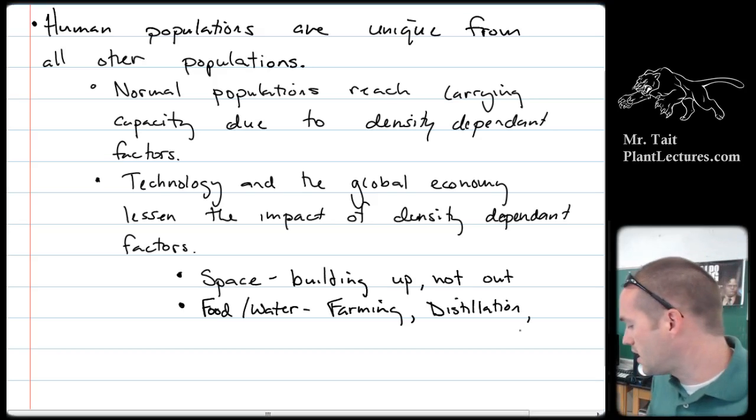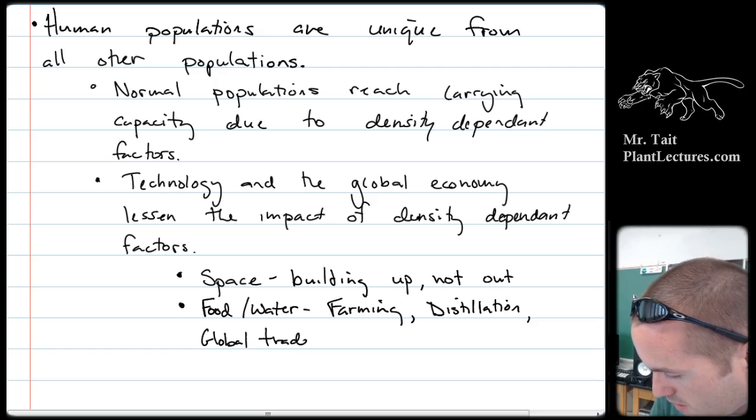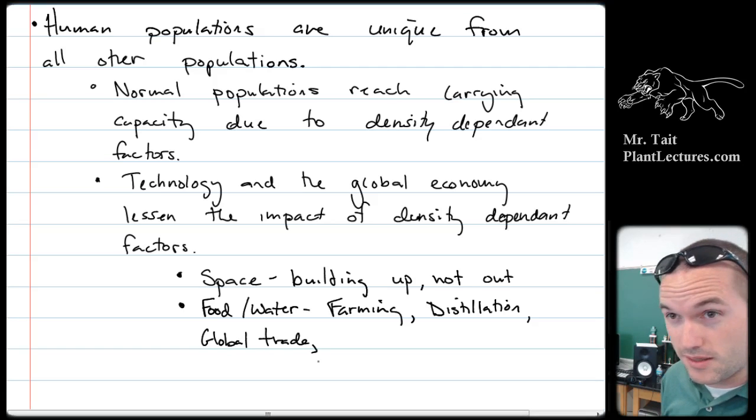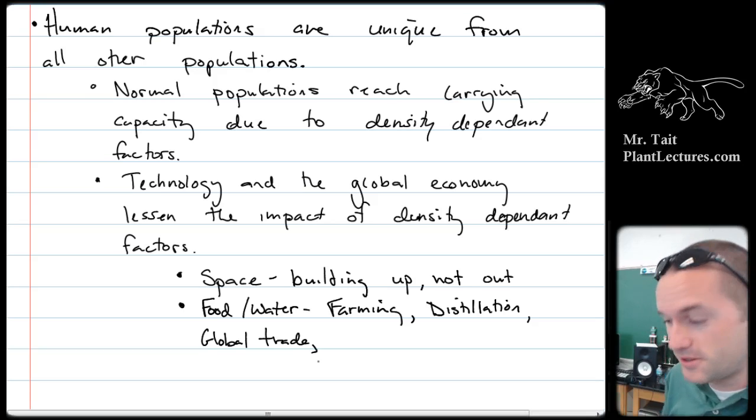Okay, what about like global trade? It's one thing that's super important, and we talked about it already in this class. For production of food, yeah. GMOs.